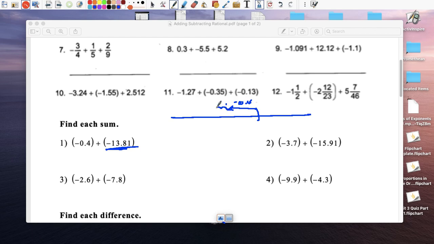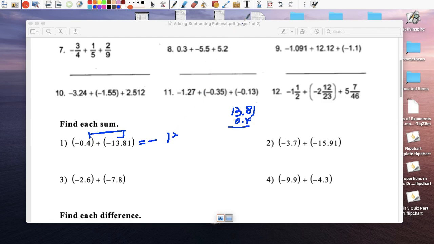So you go further left 13.81 units, and the answer is negative. You combine 13.81 and 0.4, and it's going to give negative 14.21.